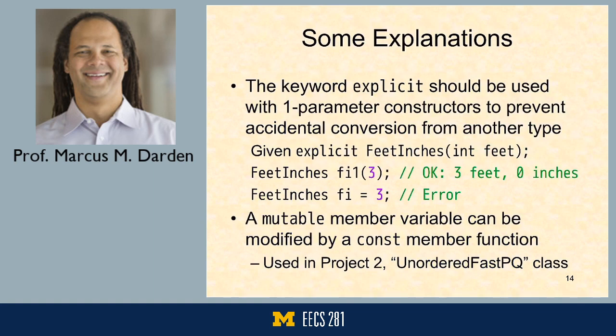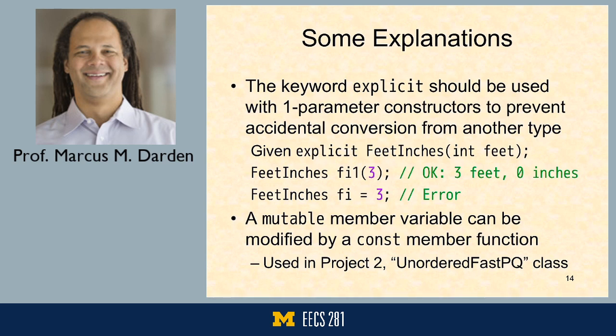Keyword explicit should be used with these one parameter constructors to prevent this accidental conversion. We want to be in our code at all times more explicit than implicit. And so there's a nice little feature of type conversion that allows some implicit things to happen. And often we're okay doing that.